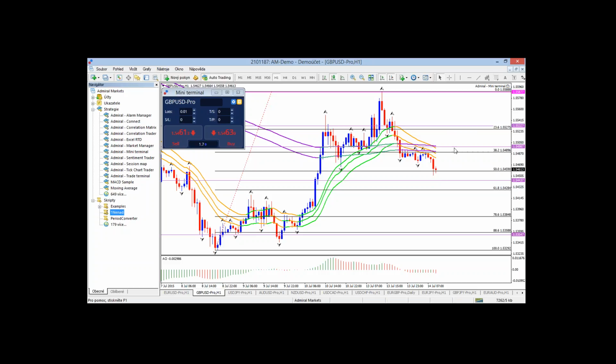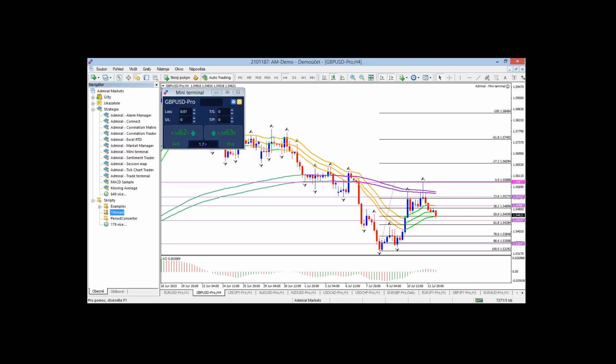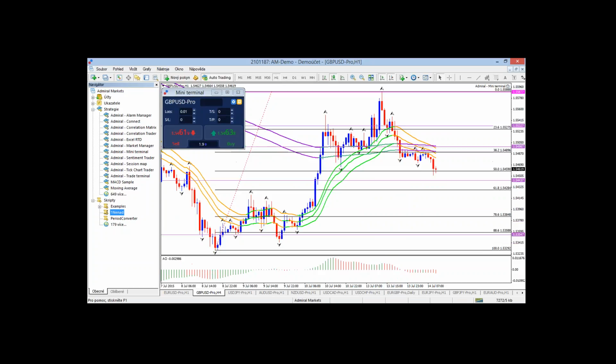We're still within the third level on the hourly and 4 hour. So it hasn't really accelerated all too far from that point of view, because within 3 it's still contained.